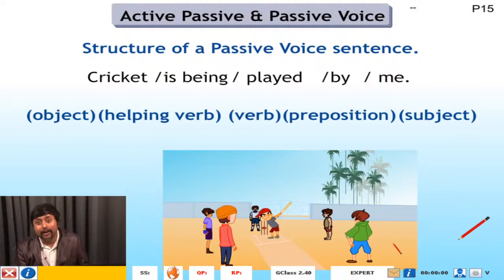So what did we see? When we convert active voice to passive voice, the object becomes the subject, then that is followed by a helping verb or be form of the verb, then the principal verb is used in its past participle form. After that we use the original subject as an object. So I'm playing cricket becomes cricket is being played by me. All right.